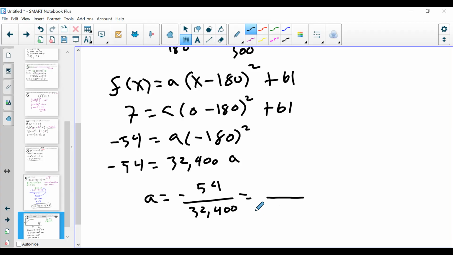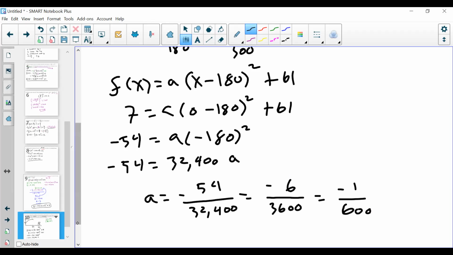Sorry. So 32,400 divided by 9, there we go, that's 3,600. And that's 6 on the top. They're both divisible by 6. So you get negative 1 over 600. There we go. So my a value is negative 1 over 600.